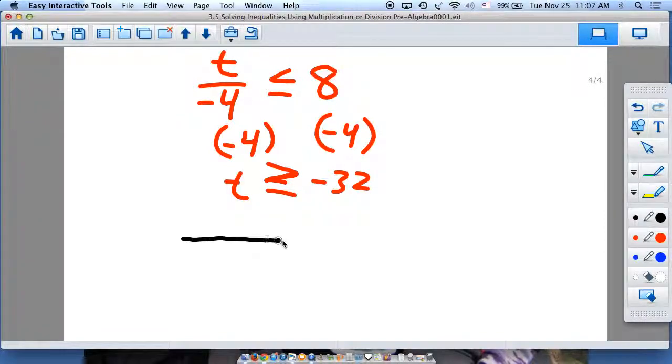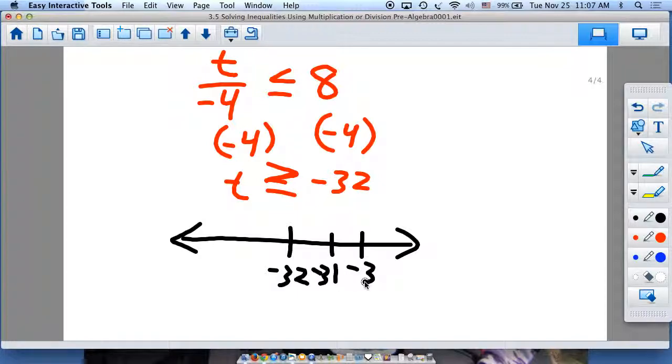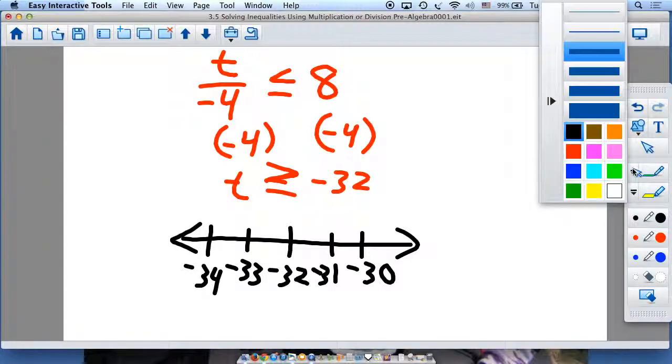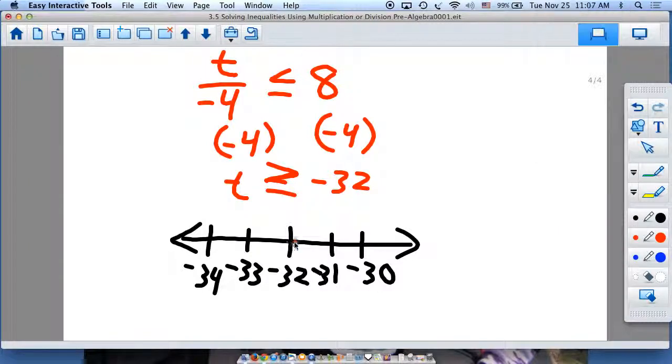Putting this solution on a number line is very important, that way we can understand that all numbers greater than -32 are a solution for this variable. This time we're going to put a closed circle on the -32 because it's greater than or equal to, and t is greater than, so we would be shading in the numbers to the right.